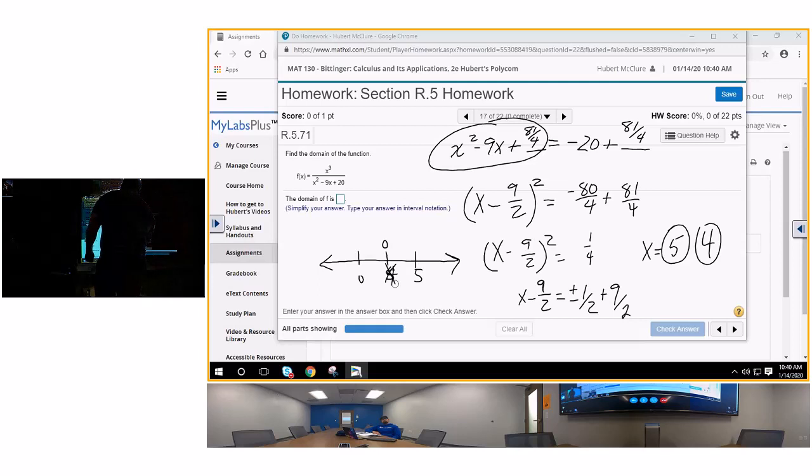We know that 5 will give us a 0, so we can't use 5. So let's check 0. 0 works, and that's good. We can have that. And these should be okay also. So I'm going to pick, what's between 4 and 5? 4.5. So somebody plug in 4.5 squared. 20.25. Minus 9 times 4.5.